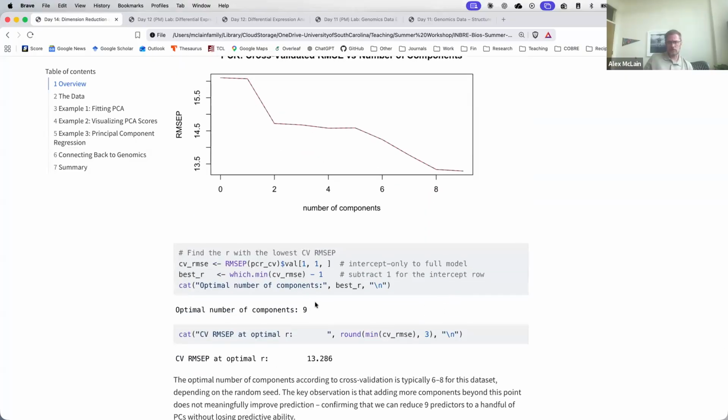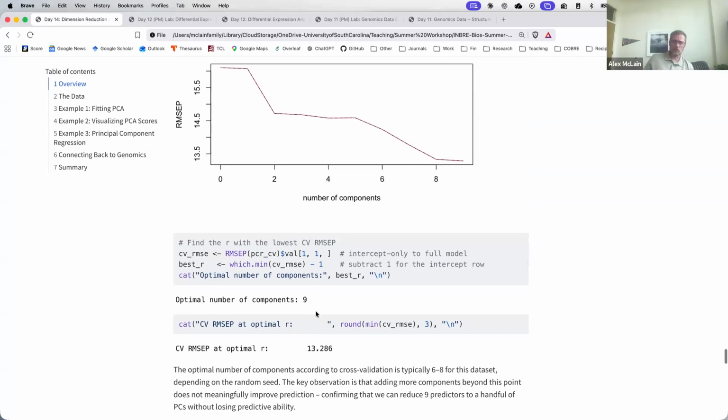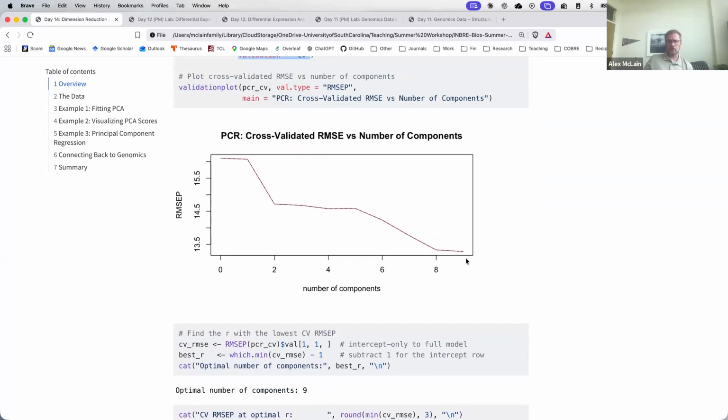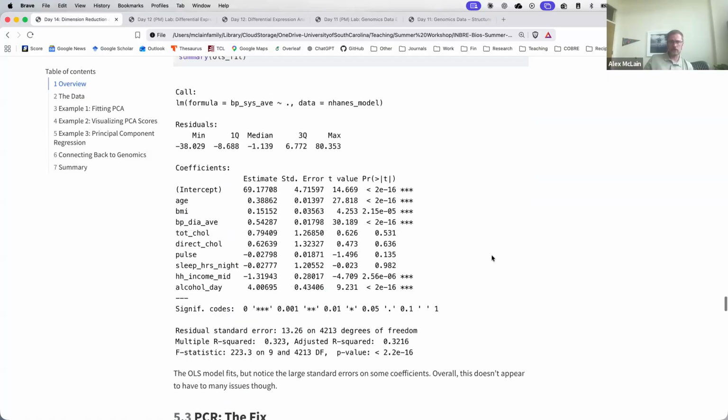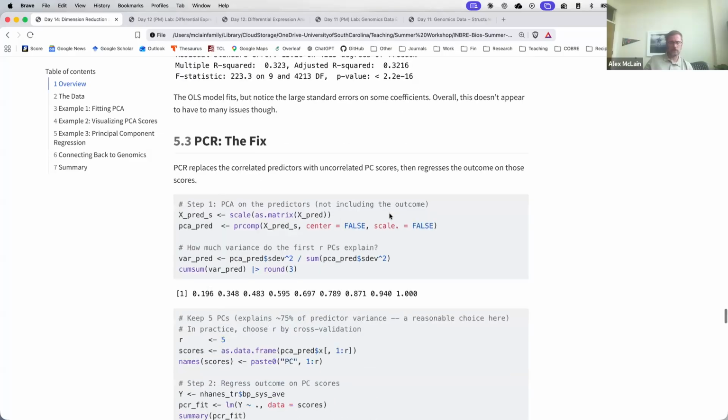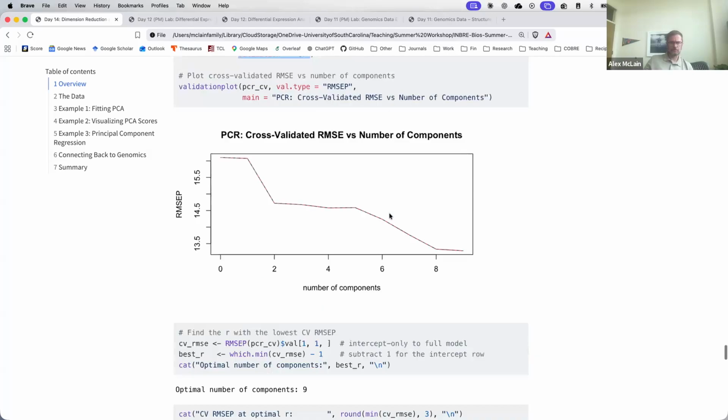So the optimal number of components ends up being 9, which is going to give us a model that is equivalent to the full model that we originally started with. It'll have the same R squared, the same residual standard error, same overall p-value, different coefficients because they'll be the coefficients for the principal components, but in all essence, the model is going to be the same.